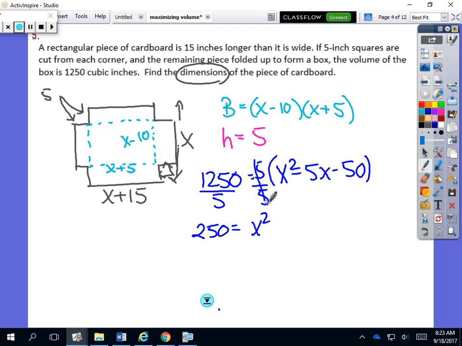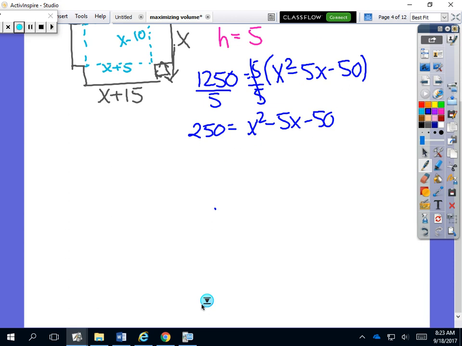The 5's are gone on this side because that equals 1. Okay, I need to get that 250 over to the other side because I need 0 on this side. So minus 250, minus 250. So I have 0 equals x squared minus 5x, and if I have negative 50 minus 250, that's negative 300.